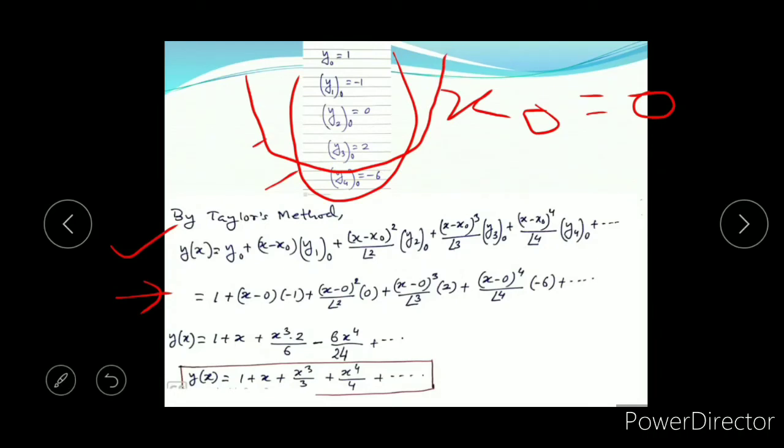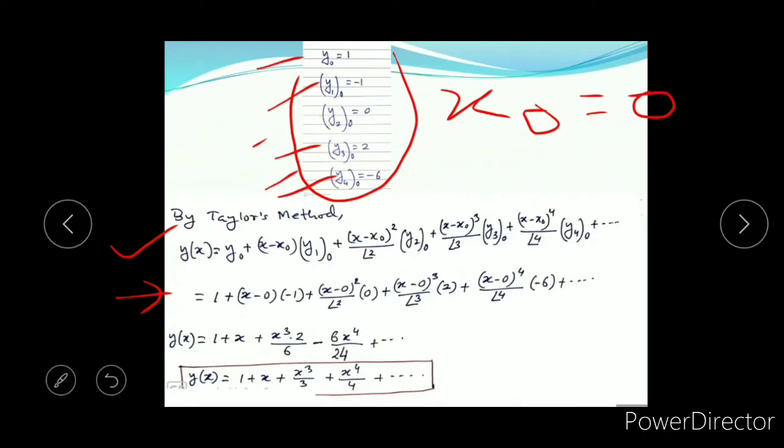We are getting only 3 non-zero elements, that is y0, y1(0) and y3(0). As y2(0) is 0, we have to go for another one, that is y4(0). As we are getting y4(0) equals minus 6, that means it is a non-zero element. So after y4(0) we are getting 4 non-zero elements. Those are y0, y1(0), y3(0) and y4(0), right? So we can stop our operation here.